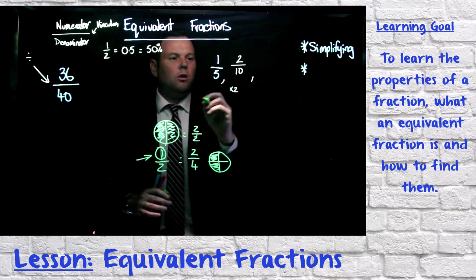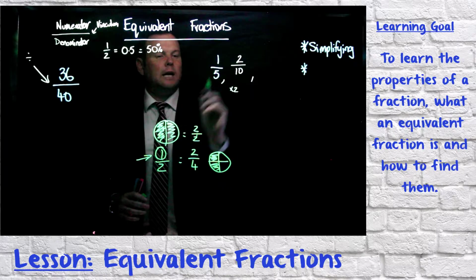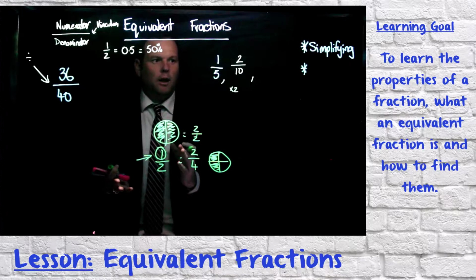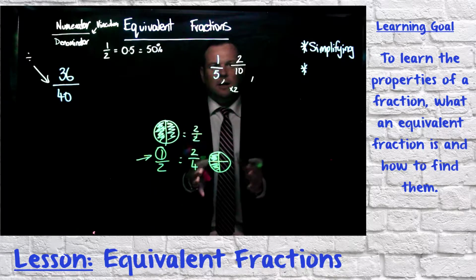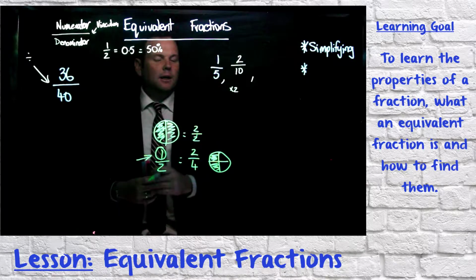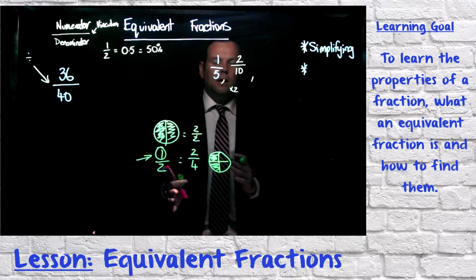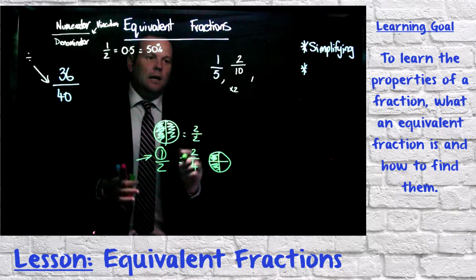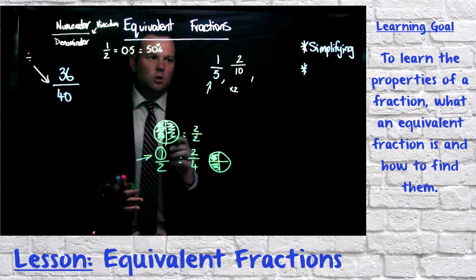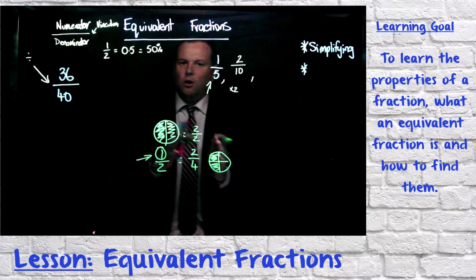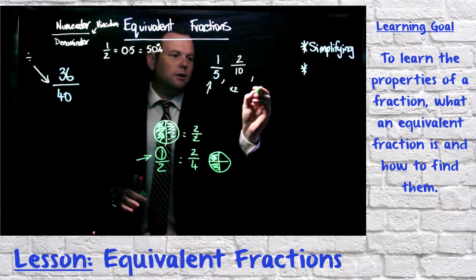I think a lot of you probably looked at 2/10 and thought, I'm going to double that again, so I got the answer 4 over 20. Now that's correct and incorrect at the same time, because 4 over 20 is indeed equivalent to 1/5. However, it is not its next equivalent fraction.